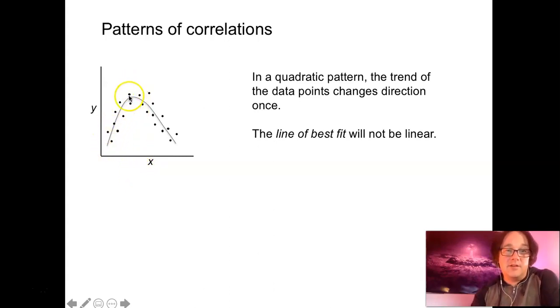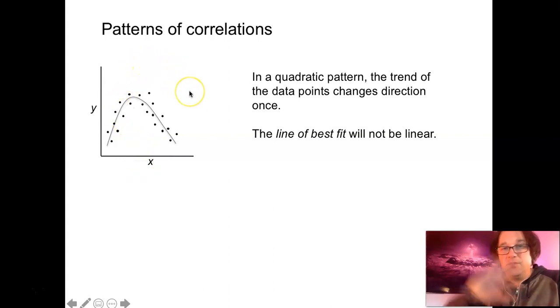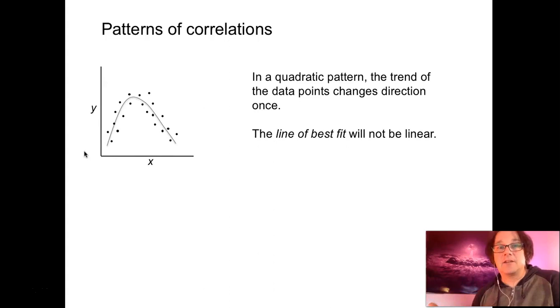Then the pattern of scores would look linear, right? Because we stopped too early. So sometimes patterns that look like they're linear are actually not. It's just that we didn't look at the full set of data.